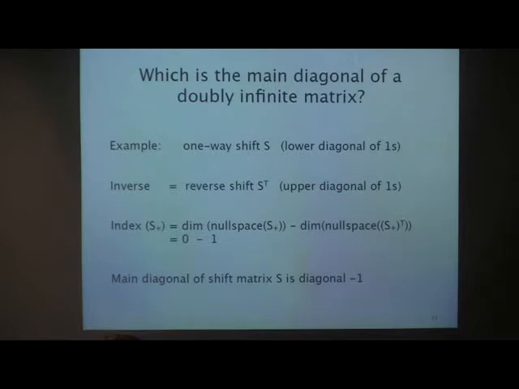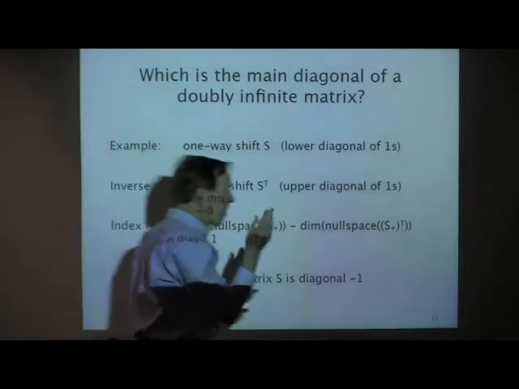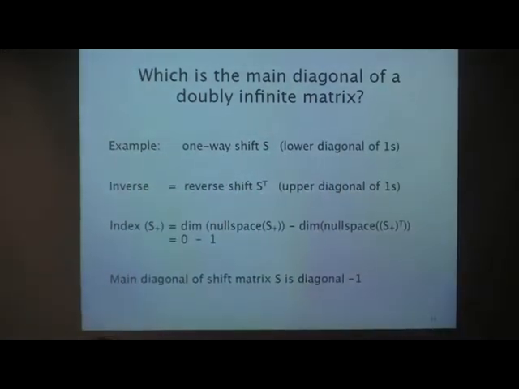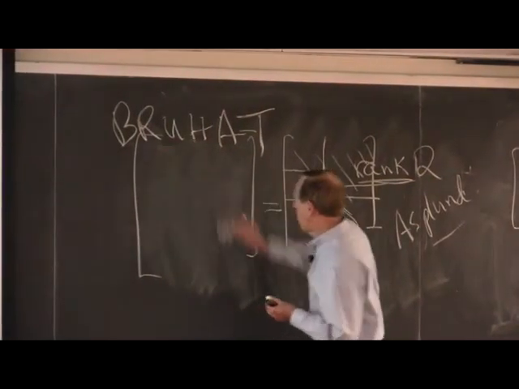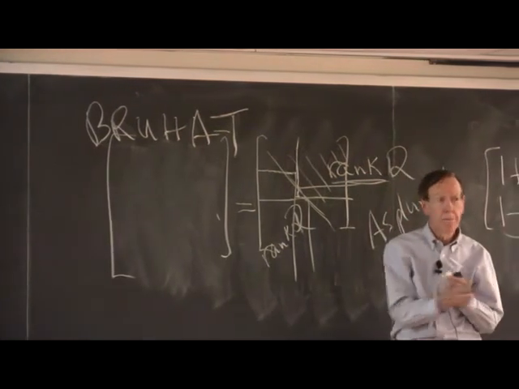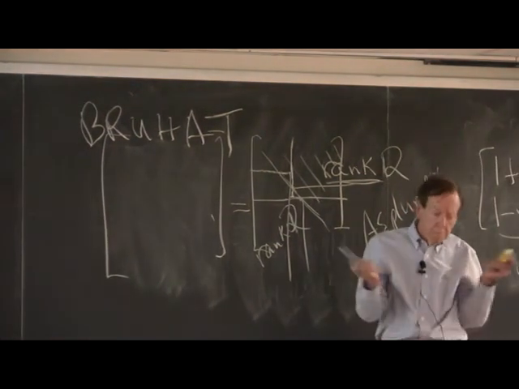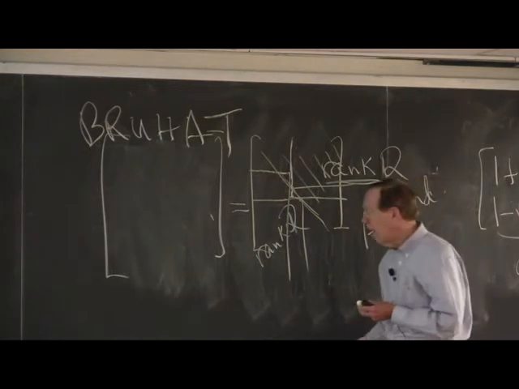So we have A equal LPU, we have banded with banded inverses, and now here's a question. Which diagonal is the main diagonal? The example that we should have in mind is a shift. Gilbert, the great man, said, take any diagonal, they're all okay.